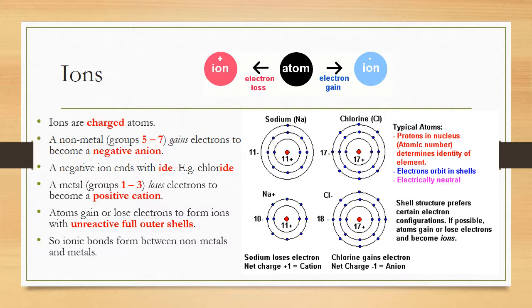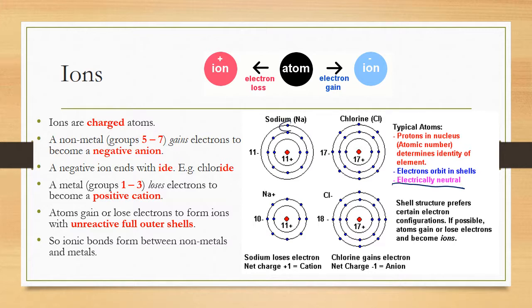Atoms have protons in their nucleus, and it determines what the atom is. They have electrons that orbit in the shells, and they are electrically neutral. So atoms are electrically neutral, whereas in an ion, the shell structure prefers certain electronic configurations. They lose electrons or gain electrons to become ions. So here we have sodium.